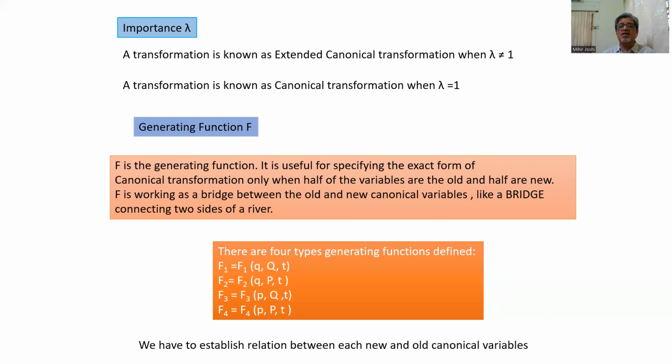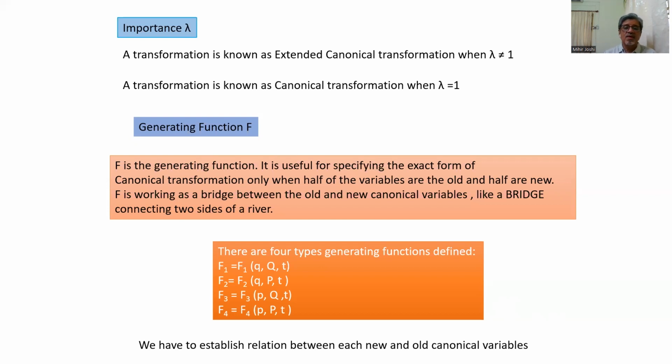So the generating function has the peculiarity that half should be old and half should be new, and that is why it works as a bridge connecting the two sides. If both are new or both are old, then it cannot connect both sides, so it cannot be used as a generating function. F works as a bridge between the old and new canonical variables, like a bridge connecting the two sides of a river.